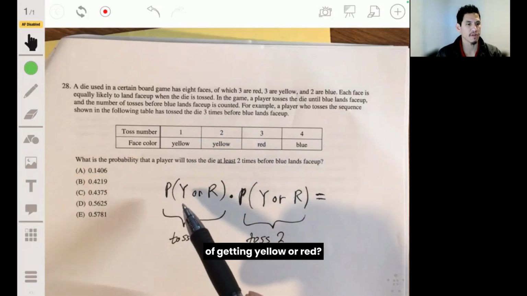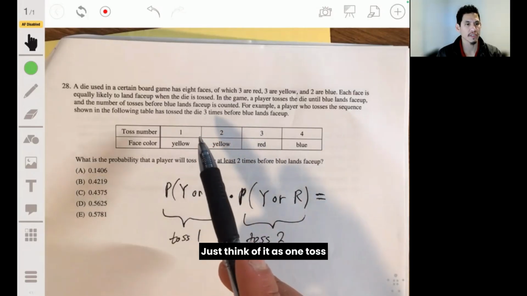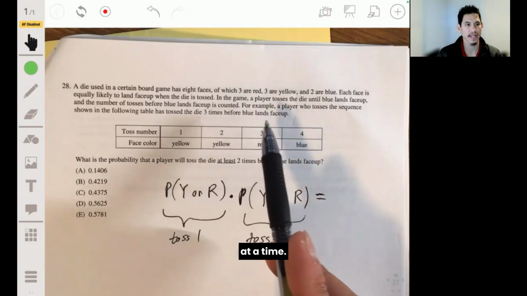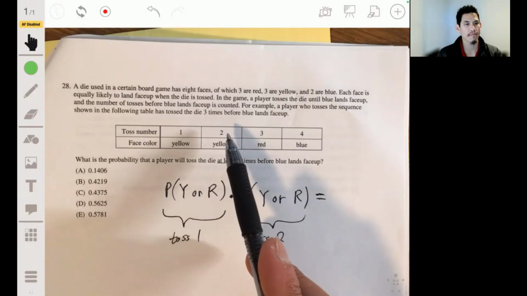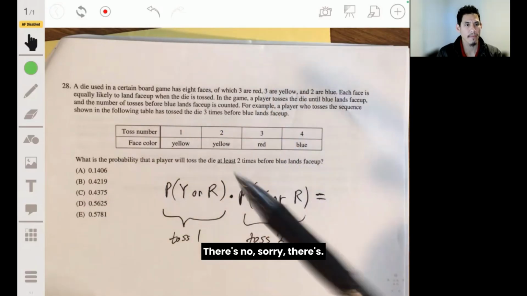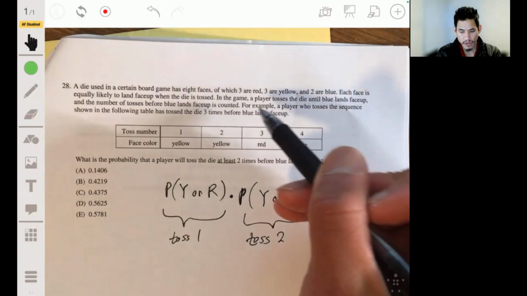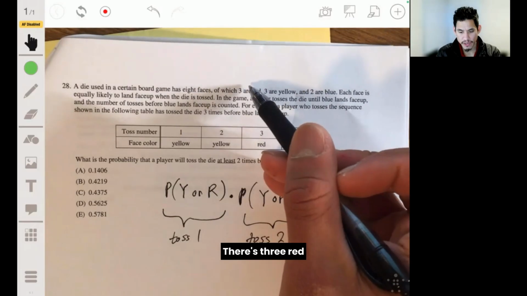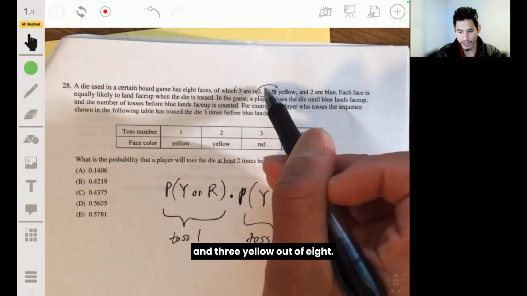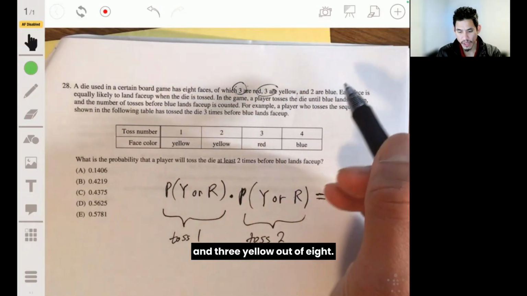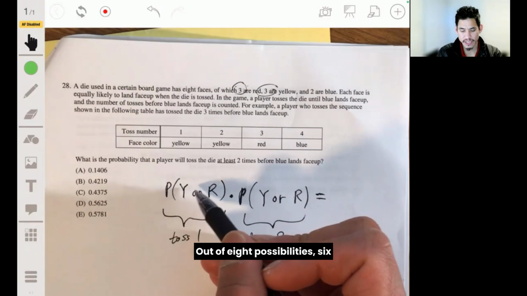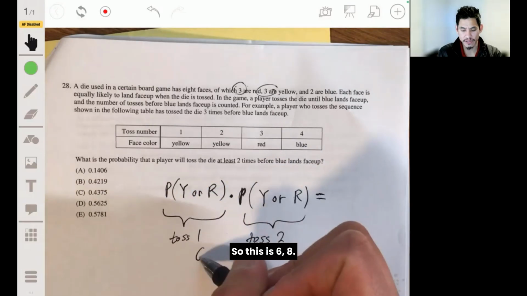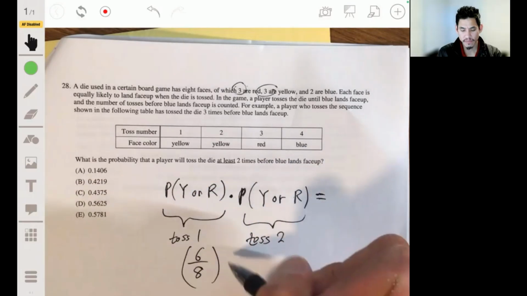Now, what's the probability of getting a yellow or red? Just think of it as one toss at a time. There's 3 red and 3 yellow out of 8. So out of 8 possibilities, 6 of them are either yellow or red. So this is 6/8.